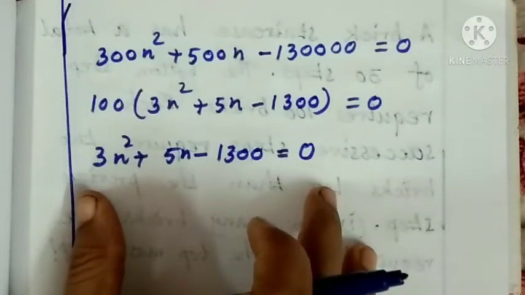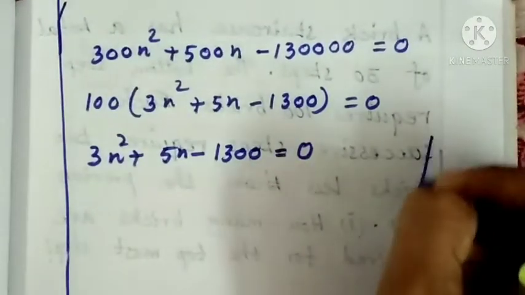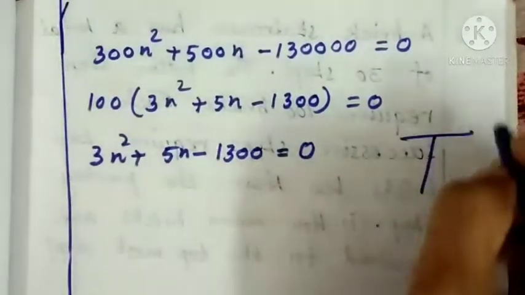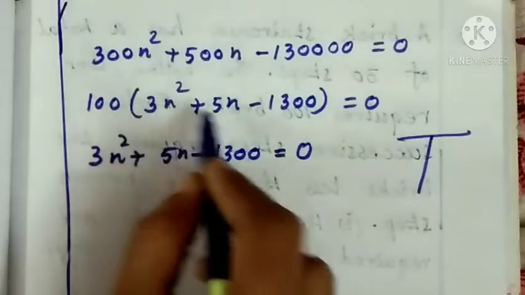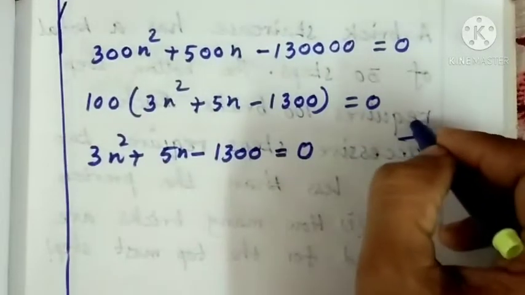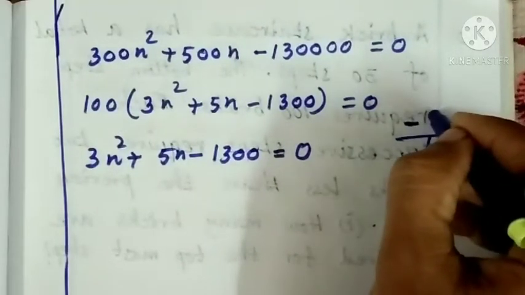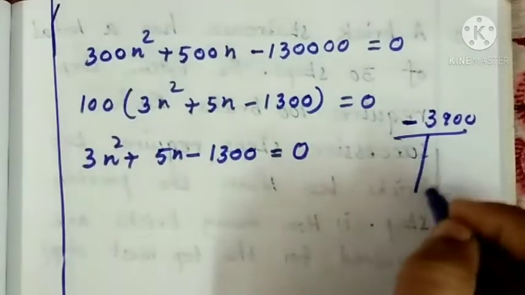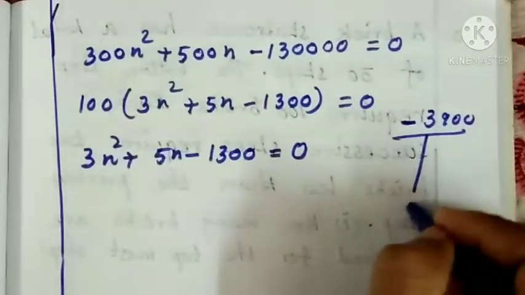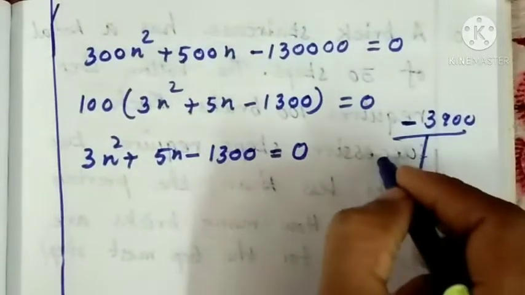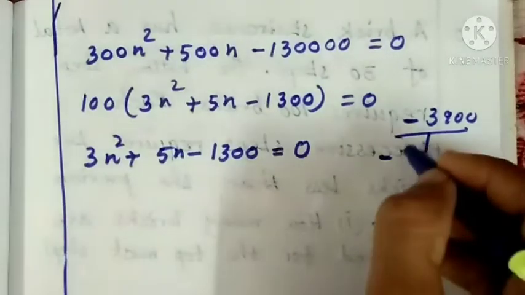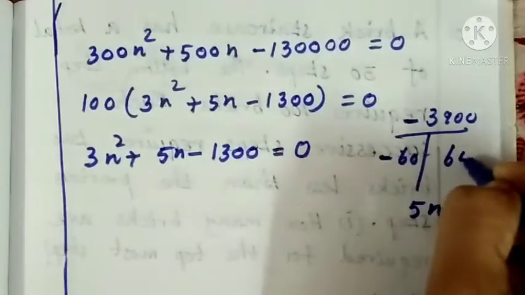You have to apply the T method and find the factors of this quadratic equation. That is 3 into 1,300 we have minus 3,900, then n term plus 5n. You have to split this term, we get minus 60 plus 65.